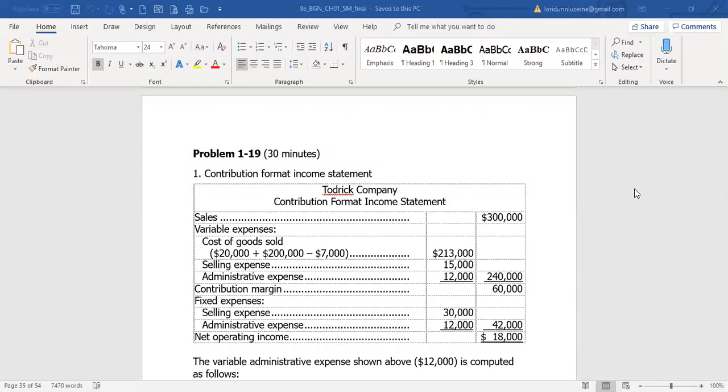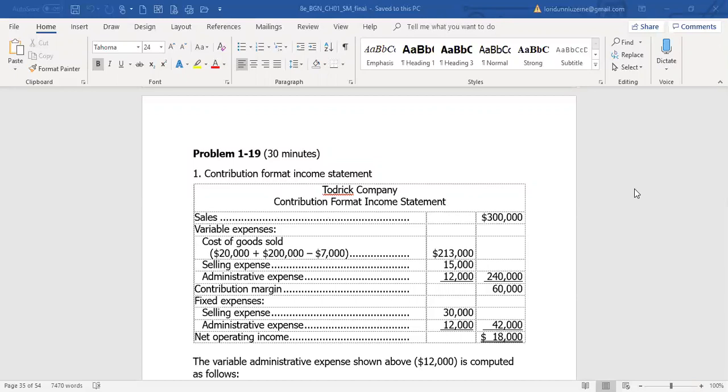That will give us our contribution margin. Then from there, we subtract fixed expenses, those that do not change as sales go up or down. So, looking at the information presented on page 57, we would start with sales.